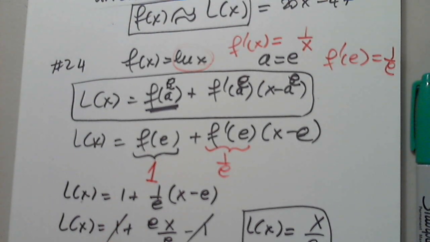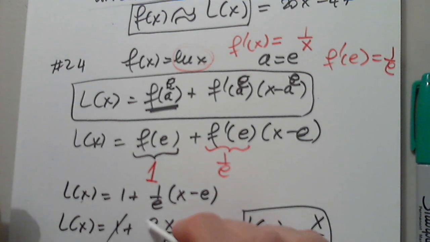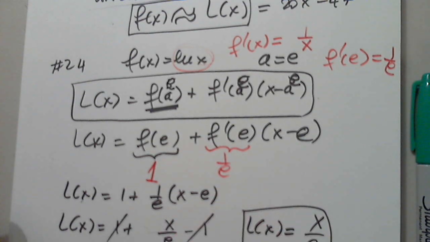Good. So that was part A. I'll share my screen right now. Find the linearization. We did. In part B, use the linearization to approximate the natural log of 2.72.